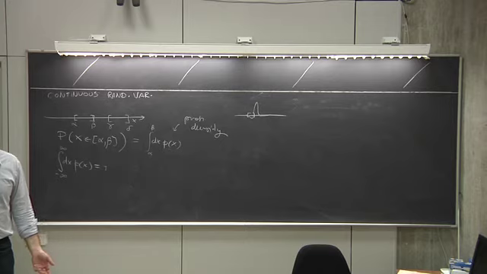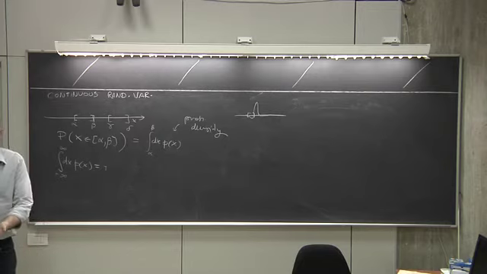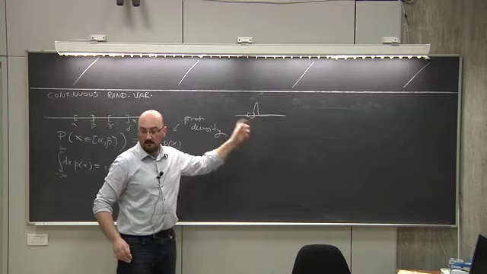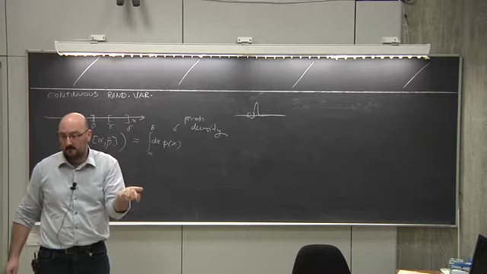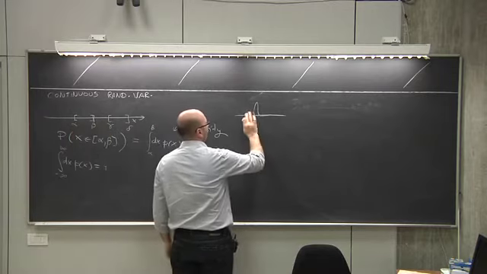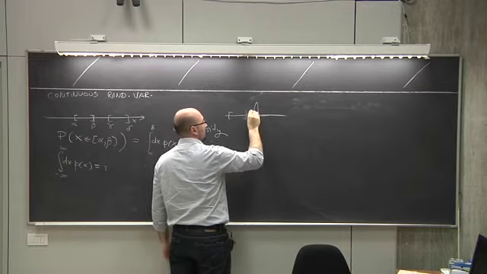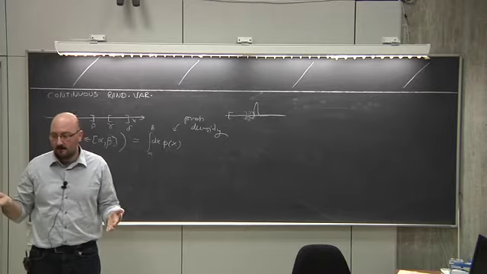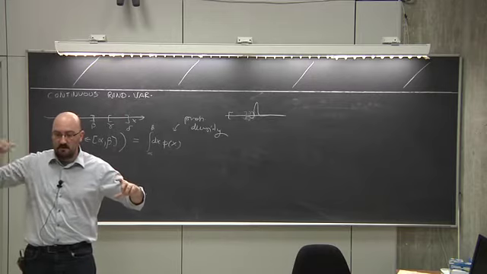P of x is not measurable. The only thing we can measure is the probability of x being in an interval. So you can build a paradox based on the fact that you can choose alpha and beta that cover just that interval, and then you cannot have the probability density be negative there. Another way: if you have alpha fixed here and you increase beta, the probability should only go up, because I'm increasing the possibilities for my random number to be in.